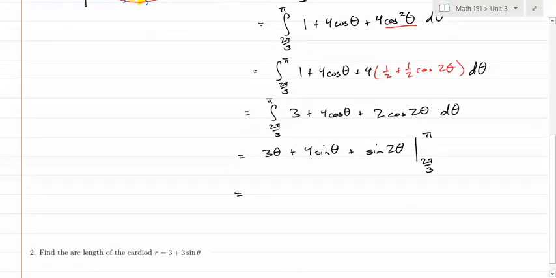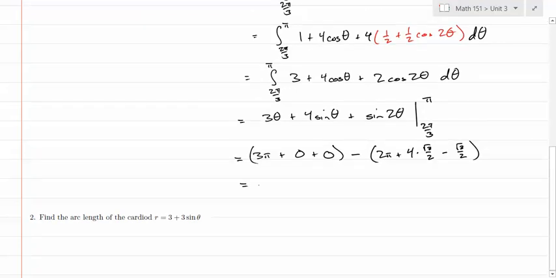If I plug in pi, I'd get 3 pi plus, well, the sine of pi is 0, and the sine of 2 pi is also 0. If you plug in 2 pi over 3, 3 times 2 pi over 3 would be 2 pi. The sine of 2 pi over 3 is square root of 3 over 2. The sine of twice 2 pi over 3, in other words the sine of 4 pi over 3, is minus square root of 3 over 2.